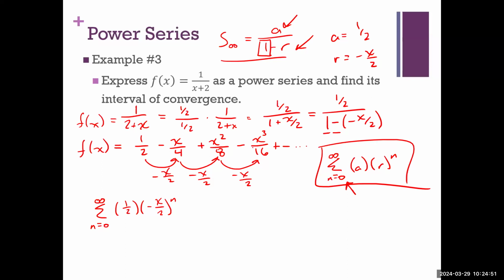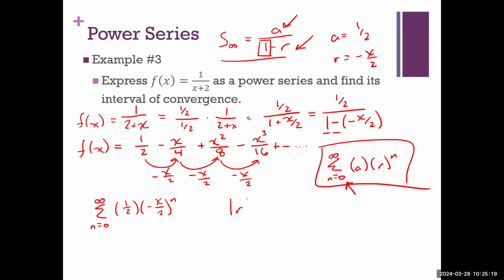All right, radius of convergence or interval of convergence. How should we find that? Typically the ratio test is the thing that gives you where your series converges. But let's rely on the fact that we're dealing with a geometric series. What do we know about geometric series?